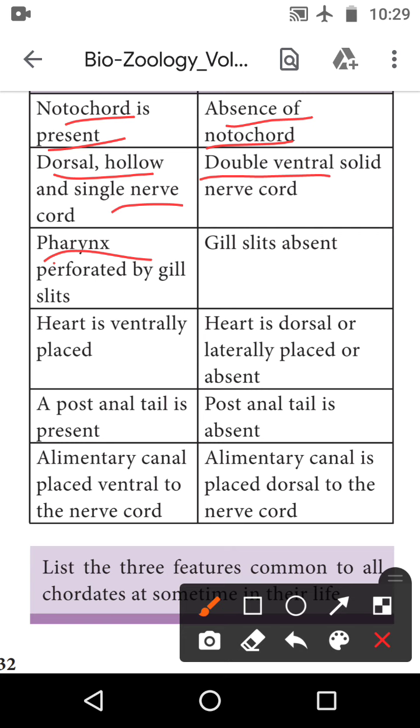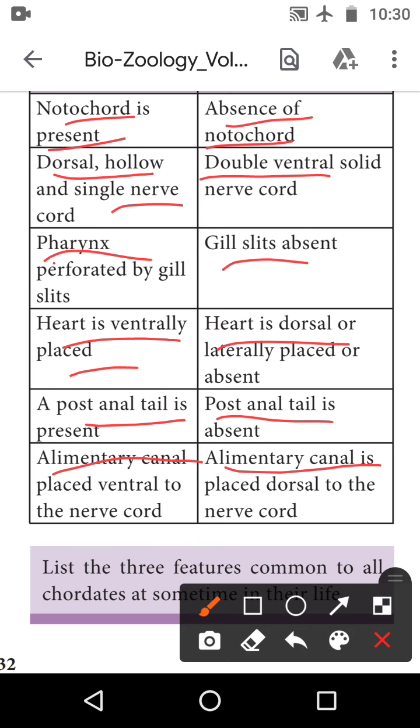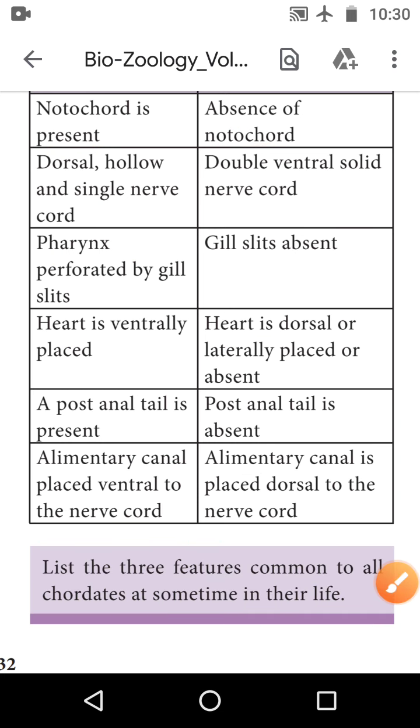Pharynx and gill slits are present, but gill slits are absent in non-chordates. The heart is ventrally placed, but in non-chordates it is dorsal, laterally placed, or sometimes absent in some organisms. Post-anal tail is present, but absent in non-chordates. The alimentary canal is ventral to the nerve cord in chordates, but dorsal to the nerve cord in non-chordates. Okay, this is the comparison of chordates and non-chordates.